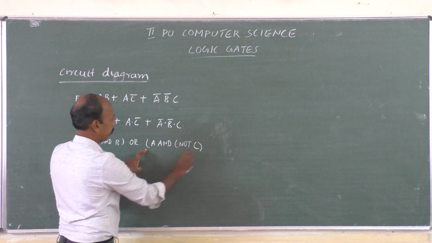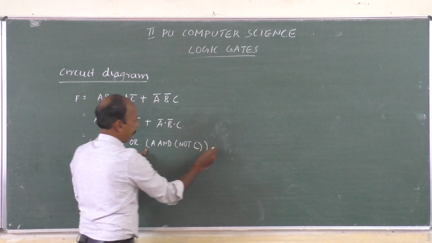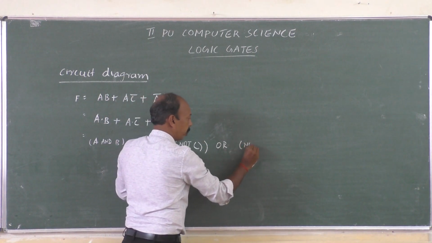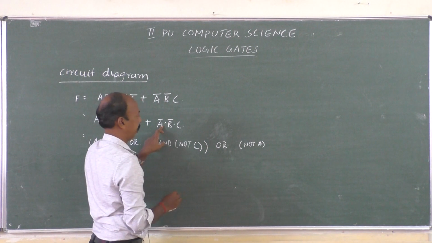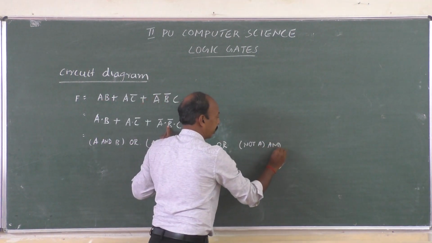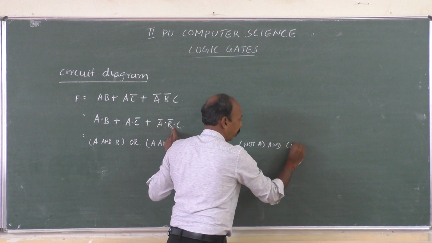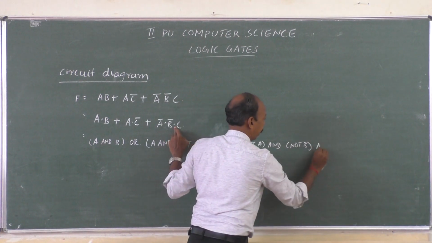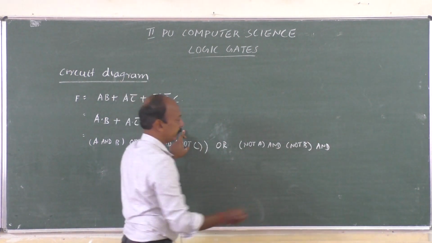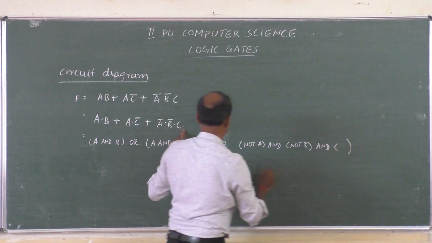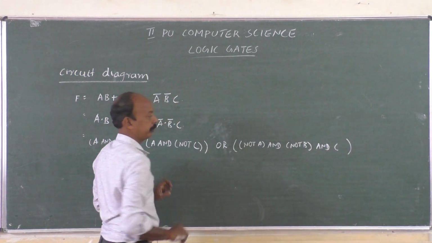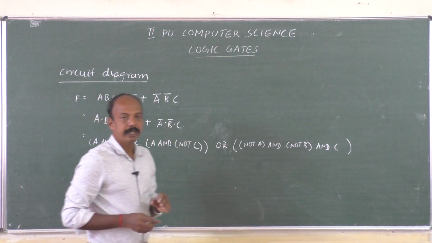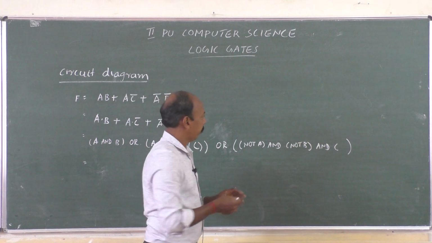So from here to here it's one term, or A bar, so not of A, and not of B, and C. So this will be one term. Right? For this we have to draw the circuit diagram. Now let us just discuss.